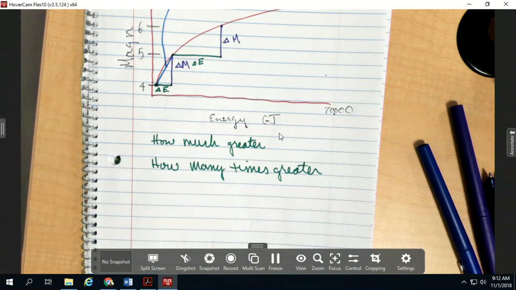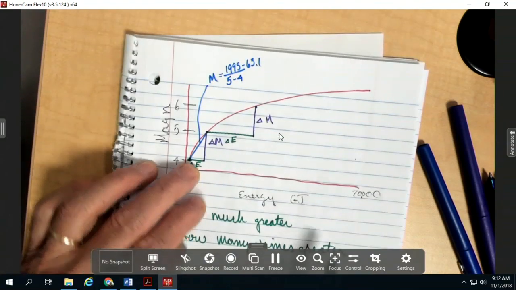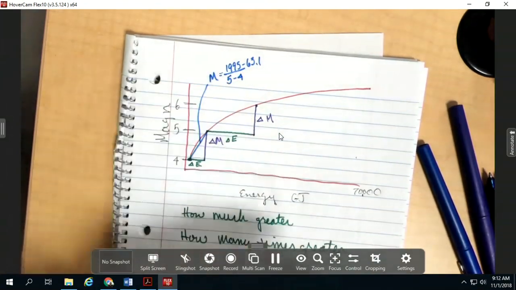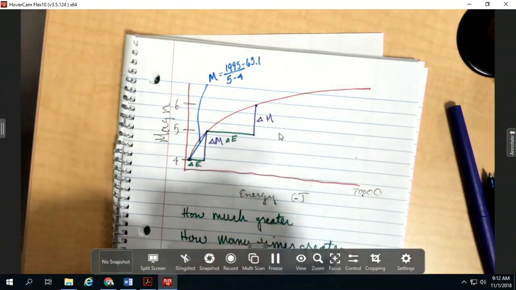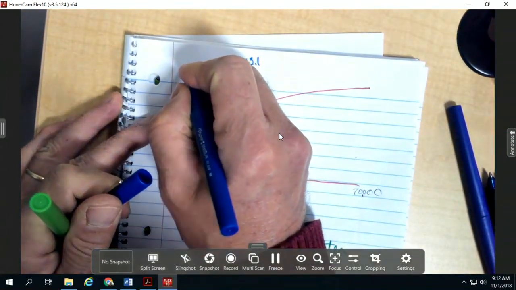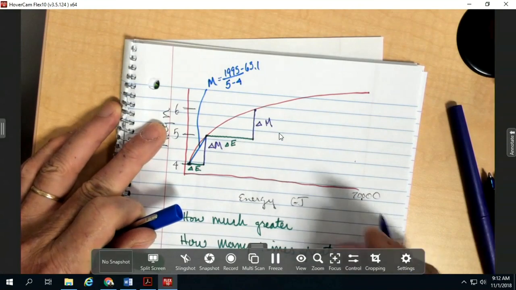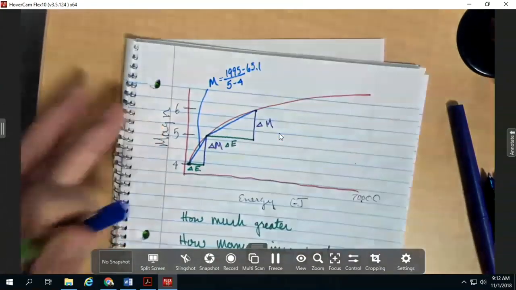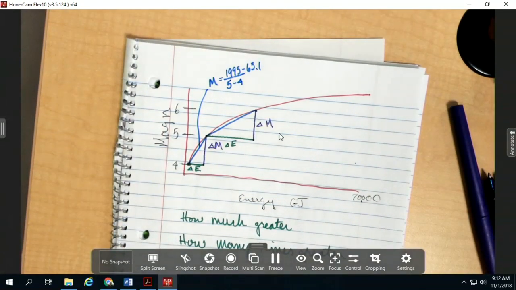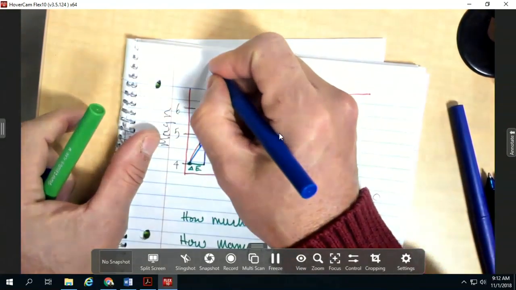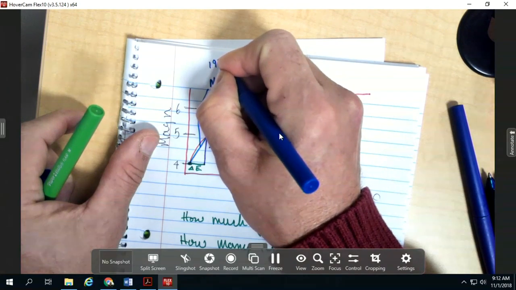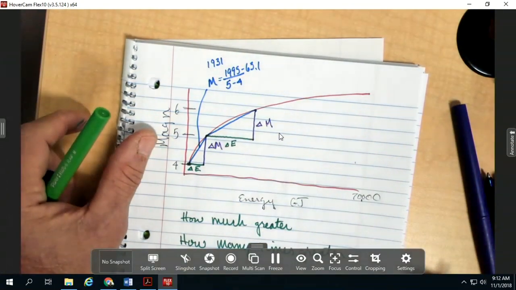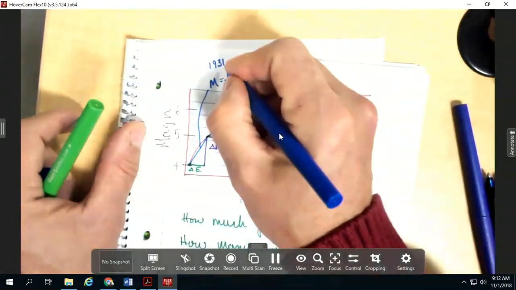Well, we know that the energy change between these two is, how much is that? 19, do the math. 1931. Is that right? Yes. Okay, or 1931.9, I guess.